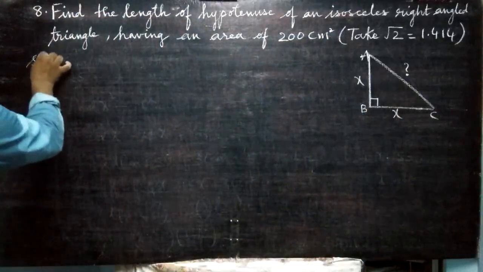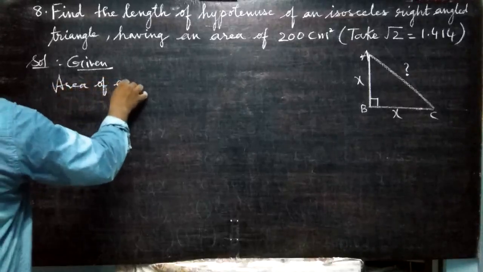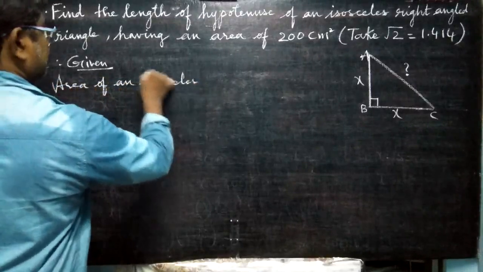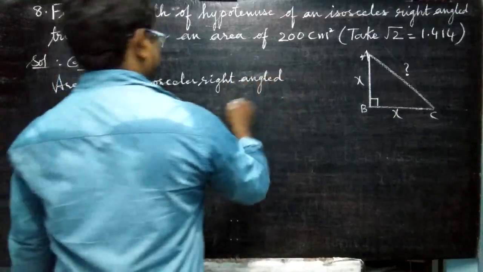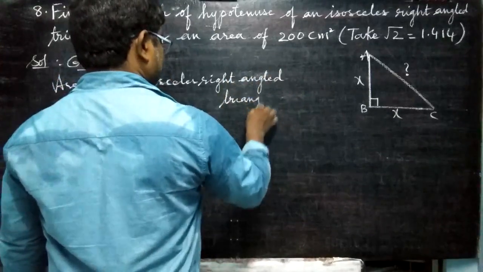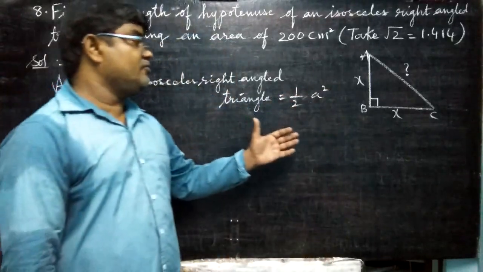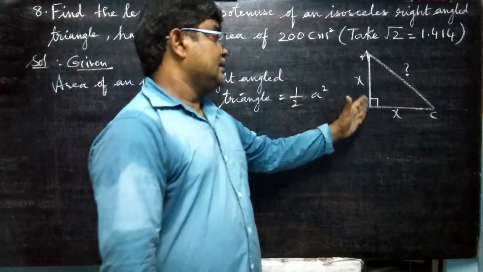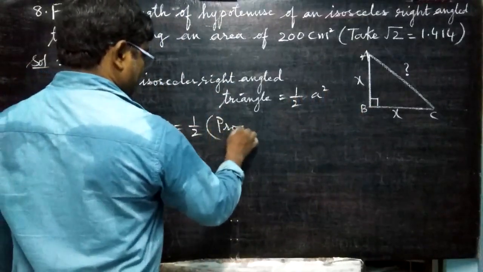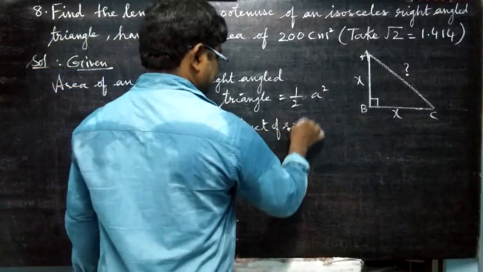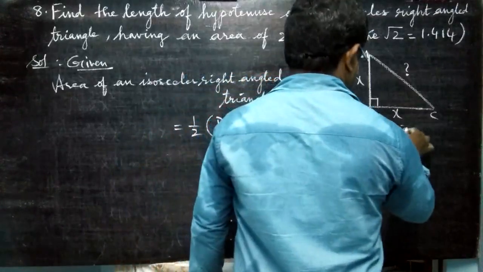Now the solution. Area of an isosceles right angled triangle is equal to half a square, or you can write it as half of the product of sides containing the right angle.